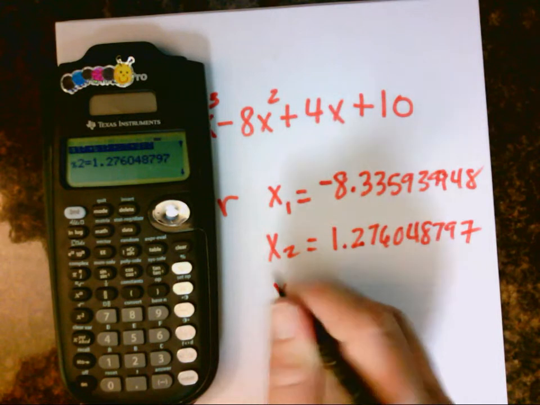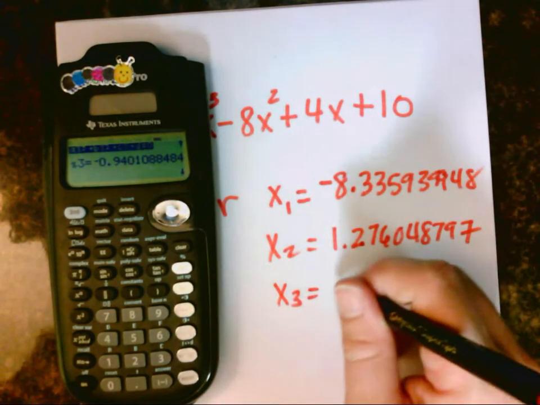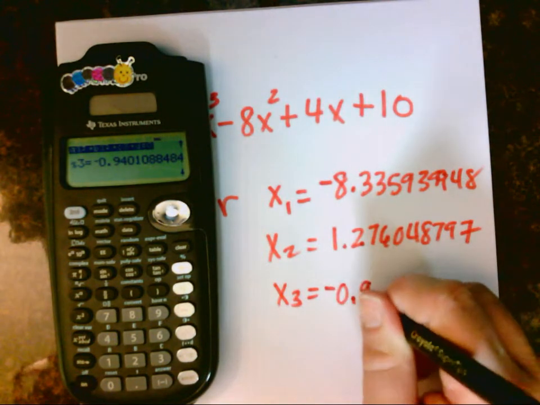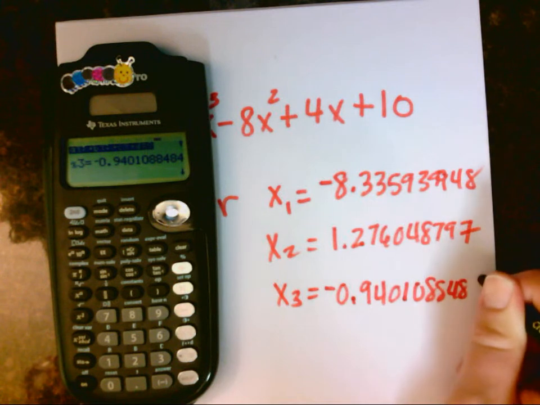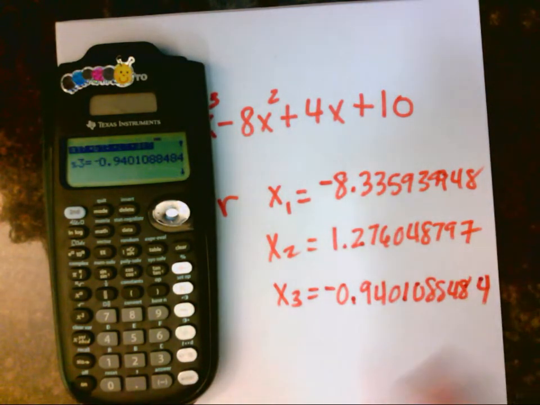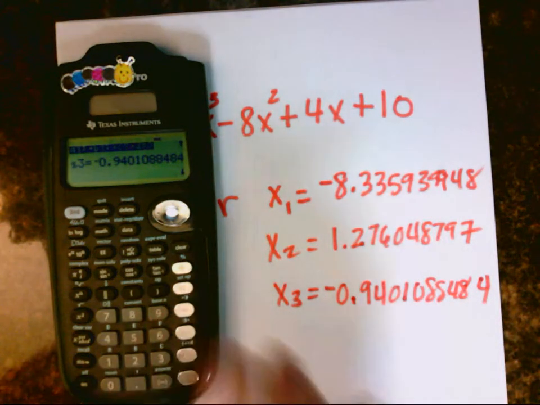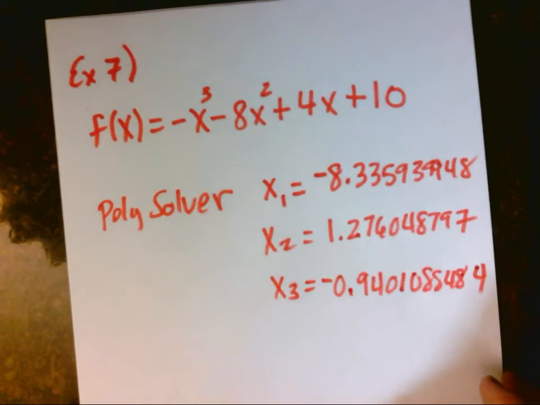And the third solution is, and these are all real numbers, nothing imaginary here, -0.9401088484. Okay, and clearly I might want to tell you to round it, otherwise just put what you get on your calculator. We all have the same calculator. So with this polysolver, I came up with these zeros.